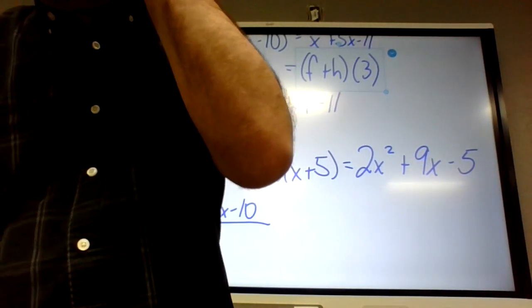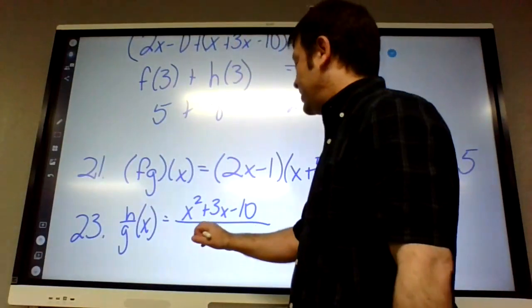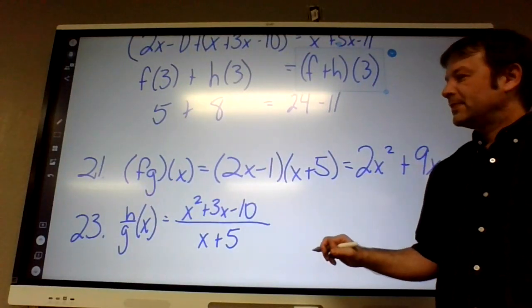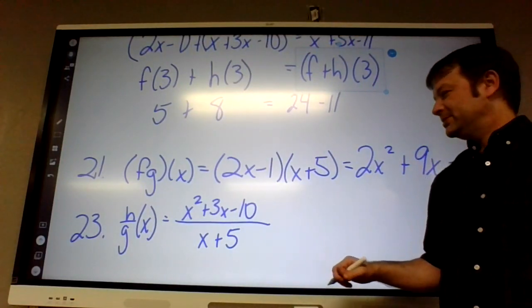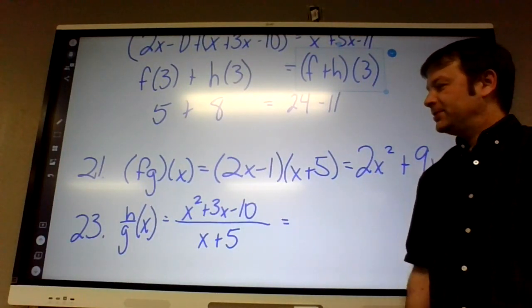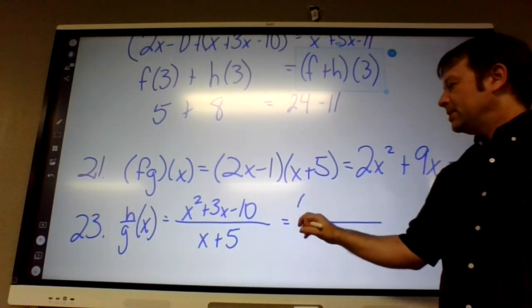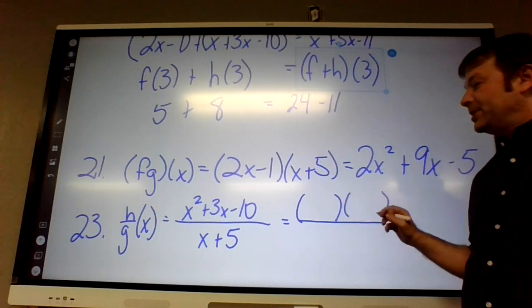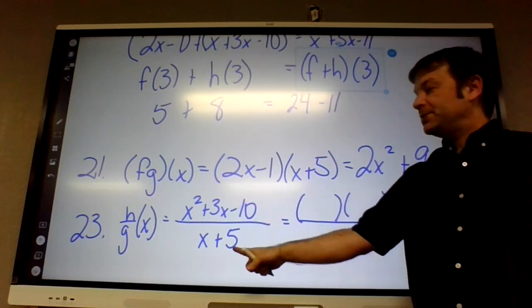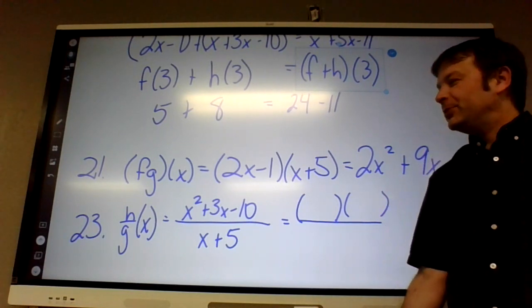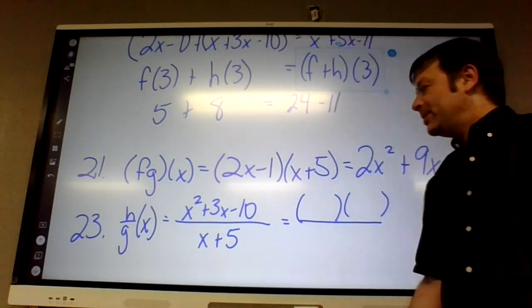Okay, g is x plus 5. Do you guys remember how I did this one earlier? This is like number 8, I think. How did I do this earlier? Factoring. One of these factors is going to cancel out with x plus 5. It won't necessarily always happen that way, but on this assignment it does.